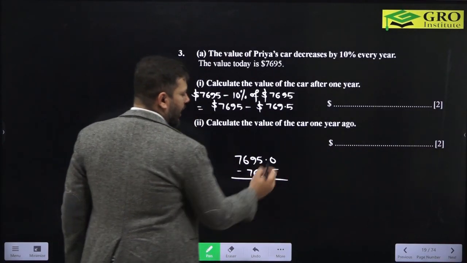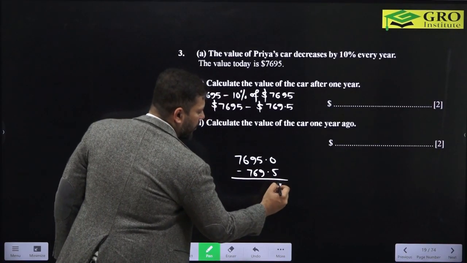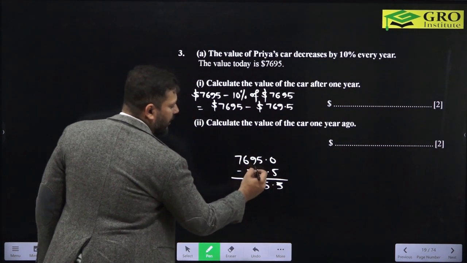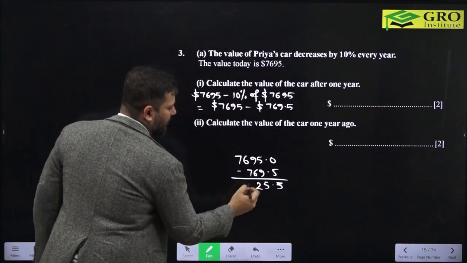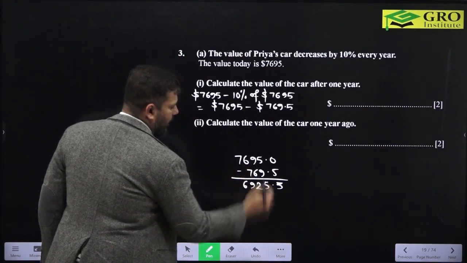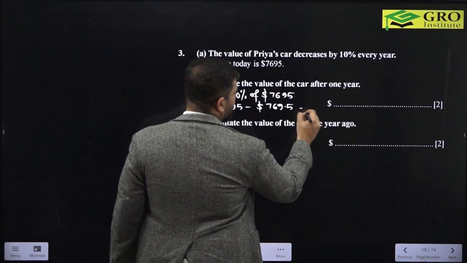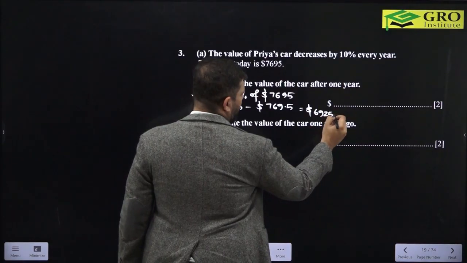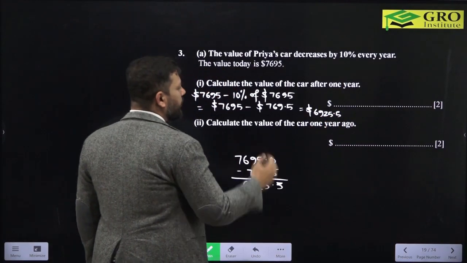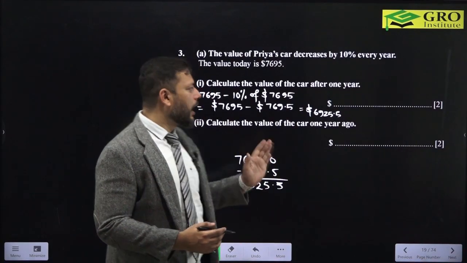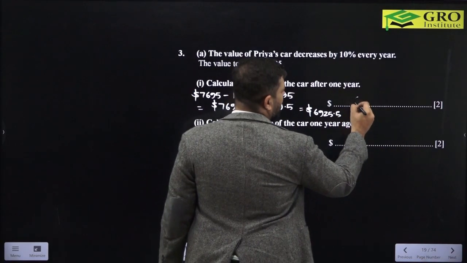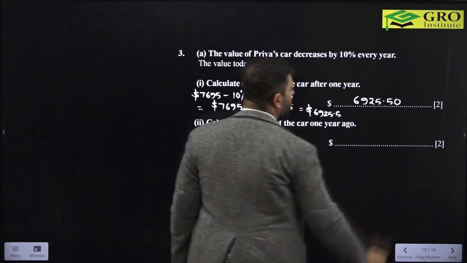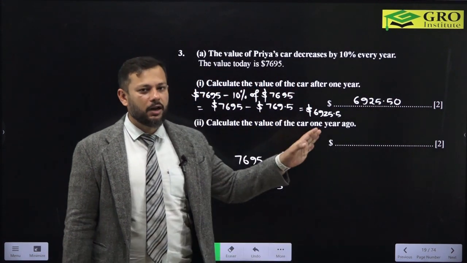So if I subtract it, I'll make it 10. 10 minus 5 is 5, and point below the point, this becomes 4. So 14 minus 9 is 5. This is 8. 8 minus 6 is 2, and 76 minus 7 would be 69. So we are getting it as 6,925.5. So what is the answer? The value of the Priya's car after 1 year would be $6,925.50. This is the value of the car after 1 year.